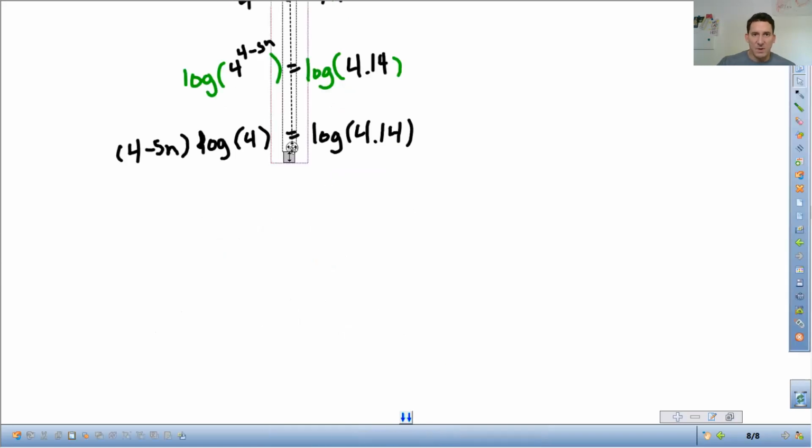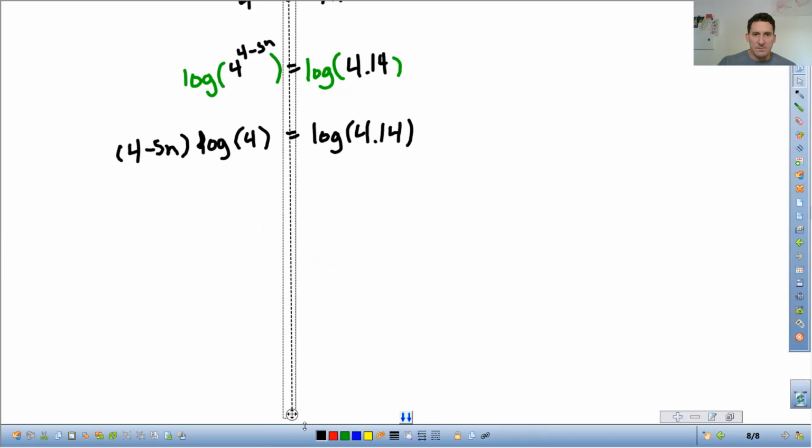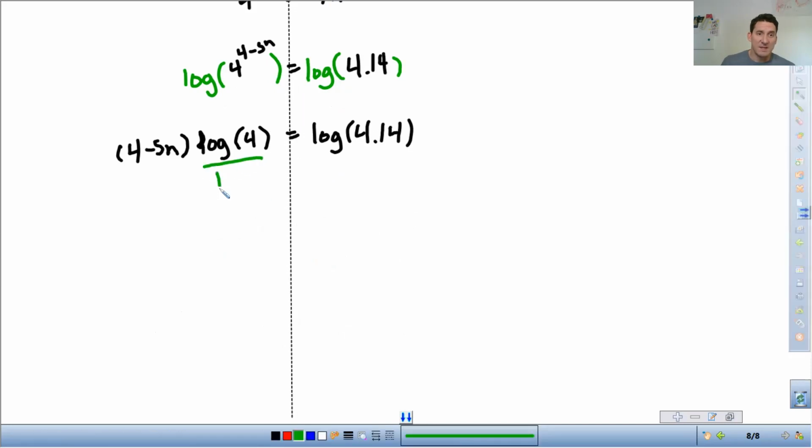Now I can divide both sides by the log of 4 to start working on getting the n by itself. So divide by log of 4. This will cancel out. You get 4 minus 5n is equal to log of 4.14 divided by log of 4.